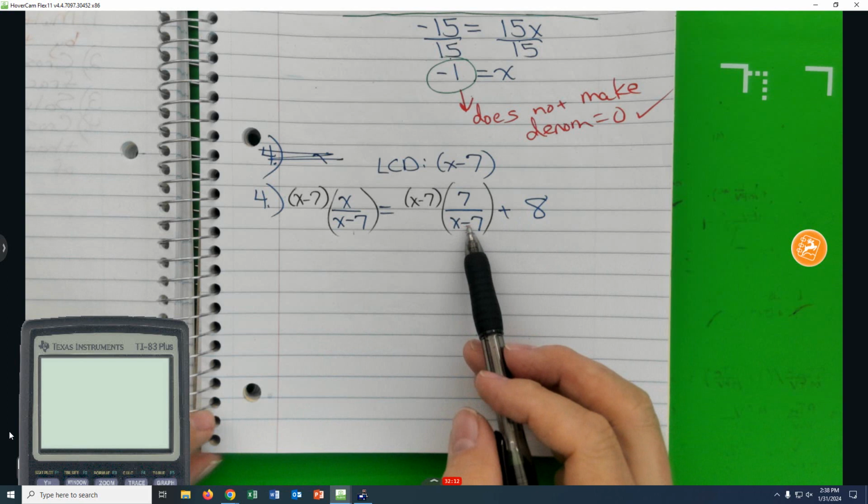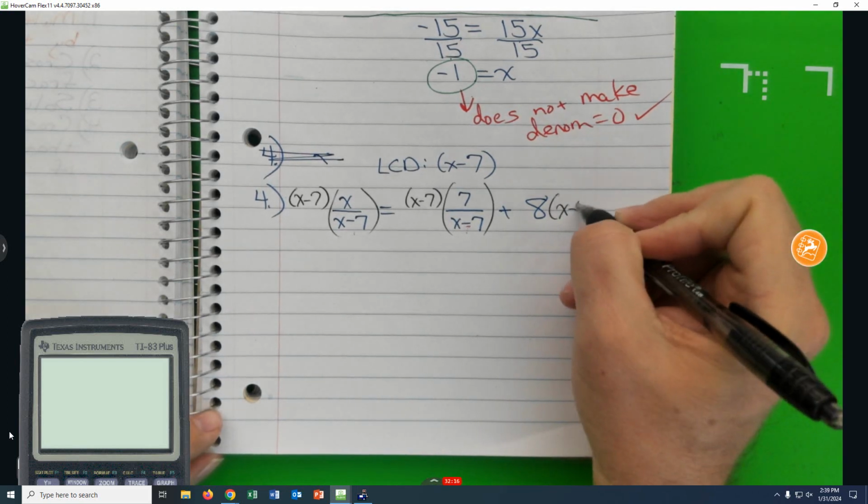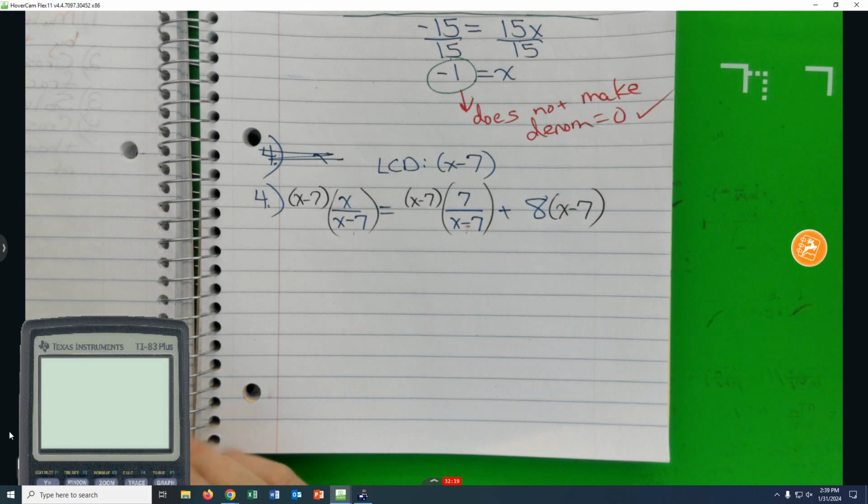So we multiply by x minus 7. And we multiply by x minus 7. That's the common mistake. A lot of times students forget to multiply the 8. You don't just multiply the fractions. Every term. There's 3 terms. Fraction, fraction, number. Terms are separated with addition, subtraction, and equal signs.